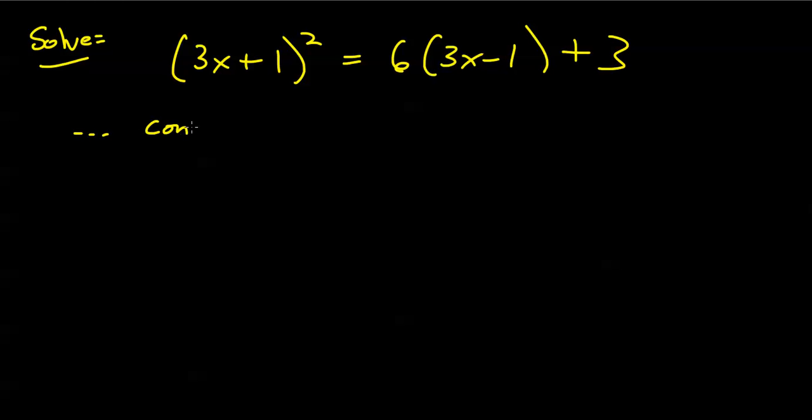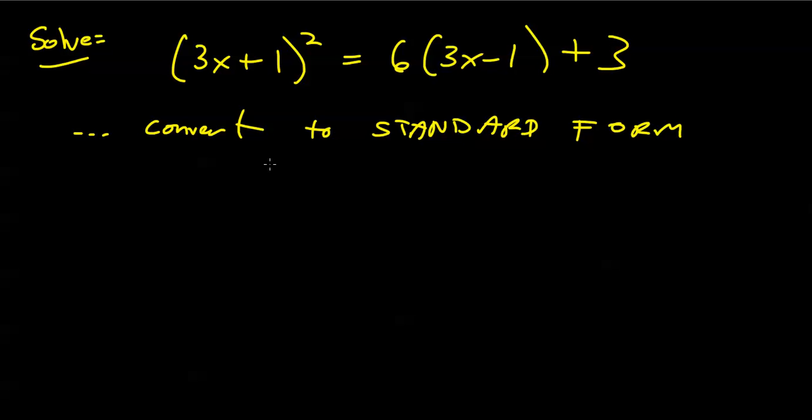Well, the first thing we should do here is convert to standard form. In other words, arrange all your terms on the left in decreasing degree in order to get a 0 constant on the right. Then I can apply my zero product rule.